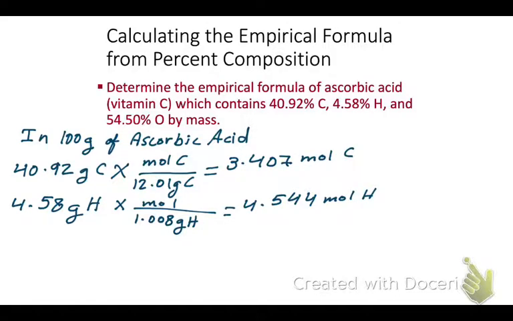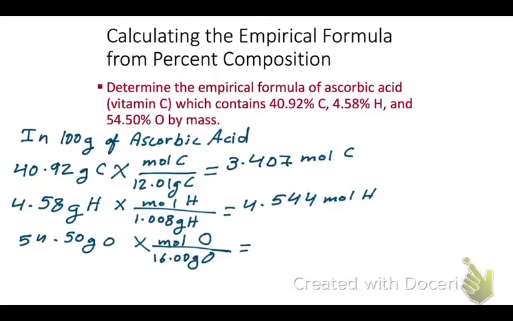Now the last element left is 54.50 grams of oxygen. My conversion factor will be, for every 1 mole of oxygen, there is a mass of 16.00 grams of oxygen. And when you do this mathematically, and you keep again 4 sig figs, the answer will be 3.406 moles of oxygen.